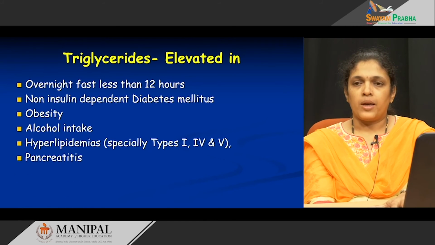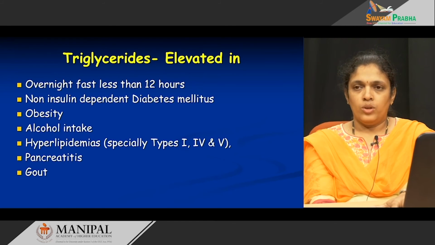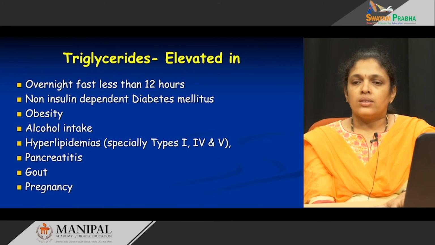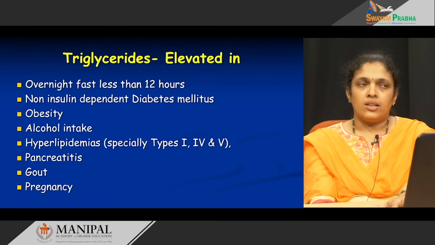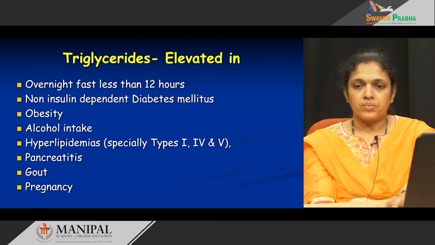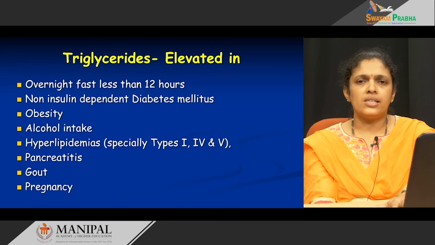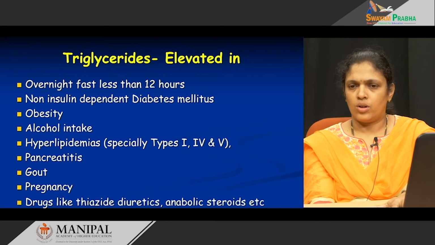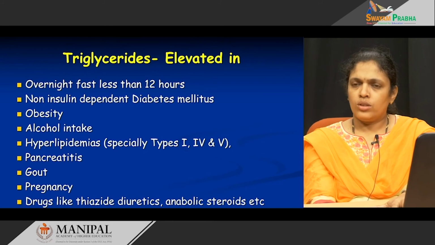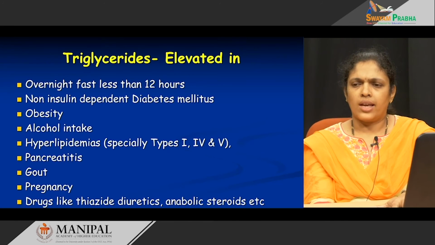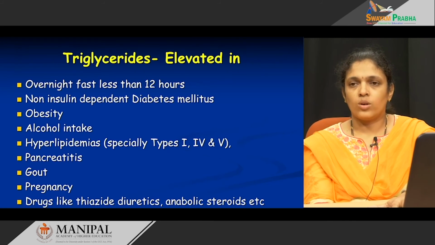Apart from that, there are pancreatitis and gout, which could lead to excess triacylglycerol. Sometimes it is normal to see excess triacylglycerol when a woman is pregnant. So, that could be a physiological reason. Certain drugs could also influence the levels of triacylglycerol, like the diuretics or the steroid hormones.